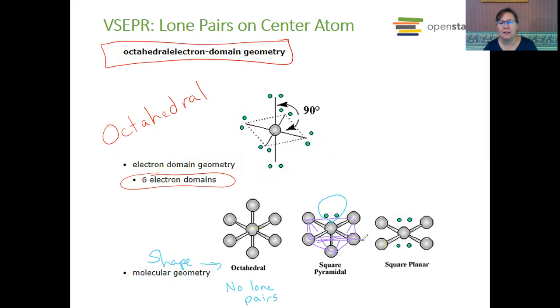You can see this pyramid, and this one's drawn sort of upside down, but it's a square pyramid. And then if you replace 2 of them with lone pairs, then you end up with this perfect square. And this one is square planar. It'll look sort of like this. You can see the paddles here and here, and you can see that it forms a square.